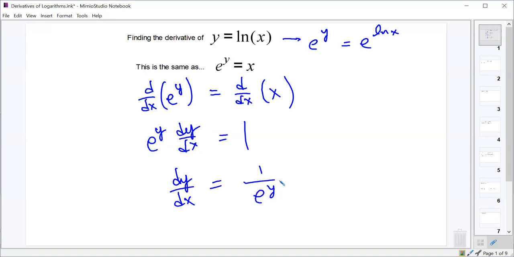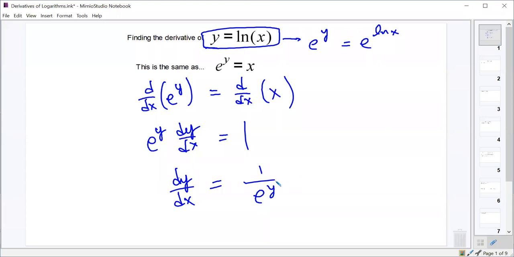So we should be able to divide both sides by e to the y to get dy dx equals 1 over e to the y. But there's a small issue with this, and that's that our original function was all in terms of x, but our derivative is now in terms of y. So anytime we have a derivative that's not in the same variable, if there's a way to turn it back into the same variable, we want to do that.